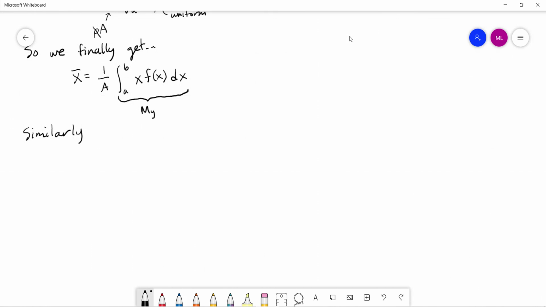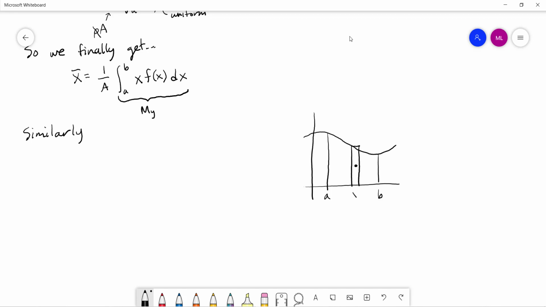So let me draw my picture again. So here's my curve. Here's my A and my B. What if I wanted to find the center of mass of just this one slice right here? Well, it would be right dead center.